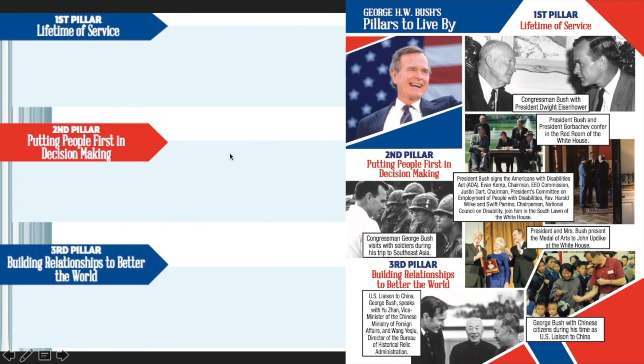Another pillar to live by is putting people first in decision making. So an example of that is when Congressman George Bush visits with soldiers during his trip to Southeast Asia. President Bush, then Congressman Bush, had himself been in war. He'd seen losses, he'd seen battle, he knew the heartache of it.